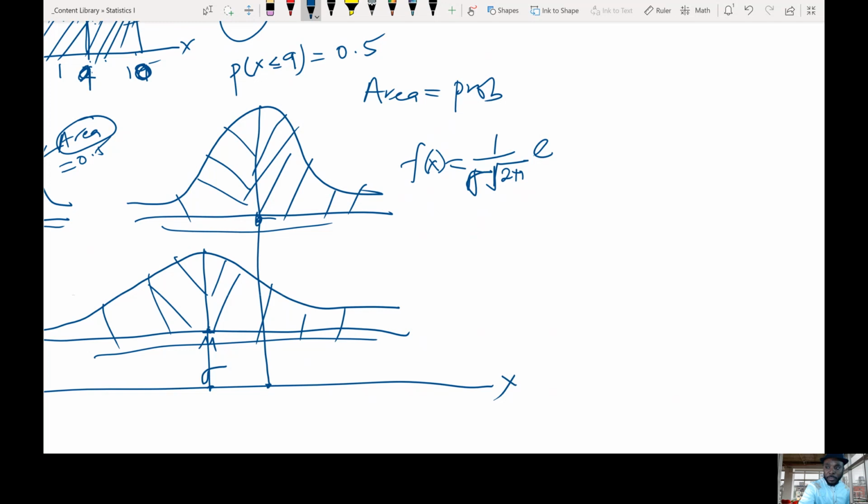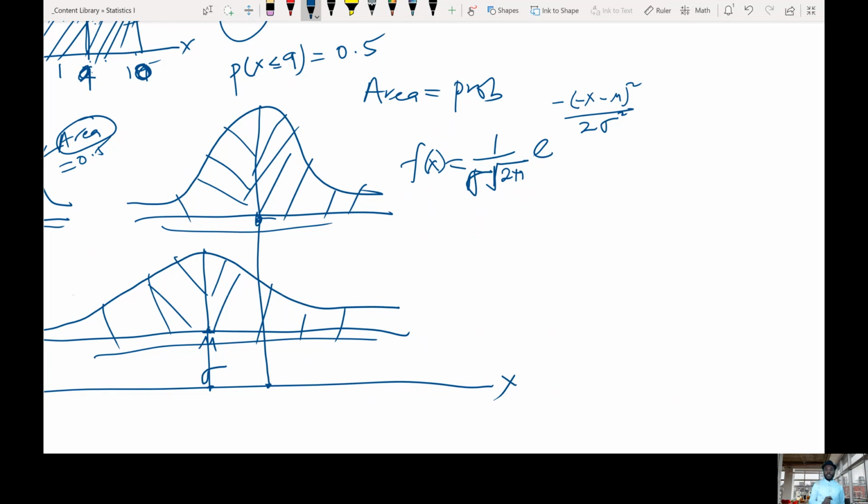Please don't think about this for the rest of this course. I'm just writing it here for you to see what function creates this density curve.